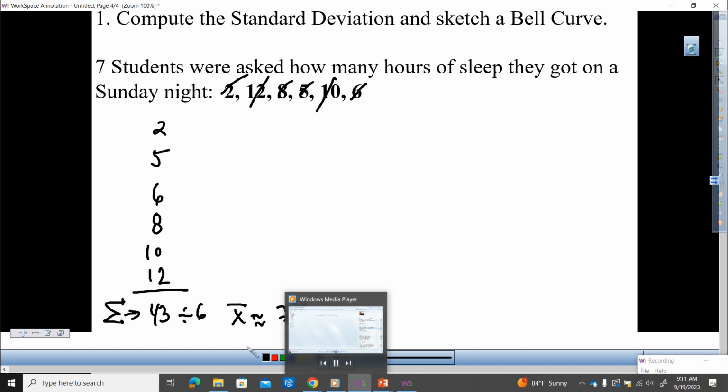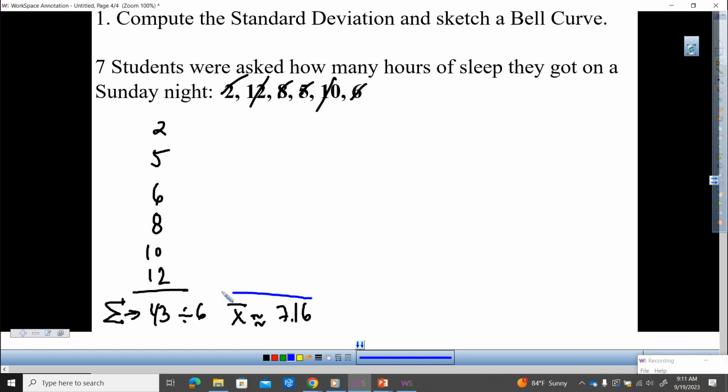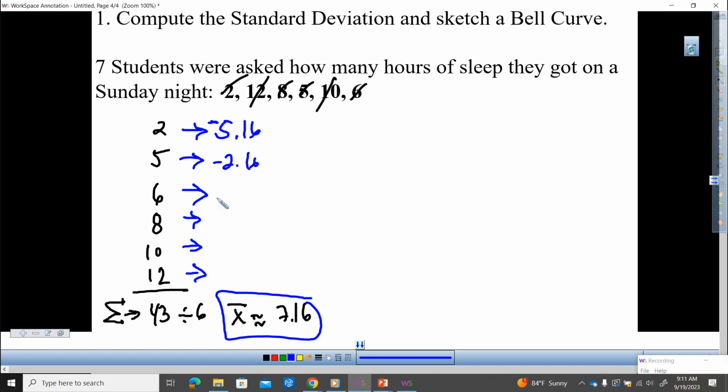All right. So what do we do with that? Well, we take this and subtract it from those numbers. I'm not going to show the step, but I'm just going to do that in my head. So this is negative 5.16, negative 2.16, and then we got negative 1.16.